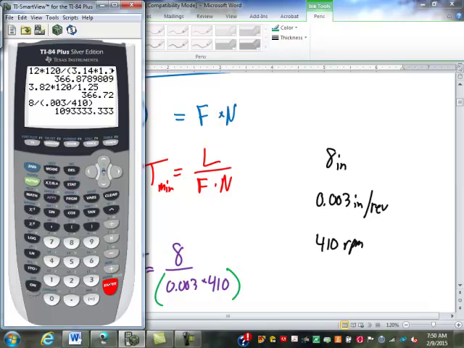That can't be right, can it? No. I sure hope not. Let's try that again. 0.003. I divided instead of times, that's why. There we go.